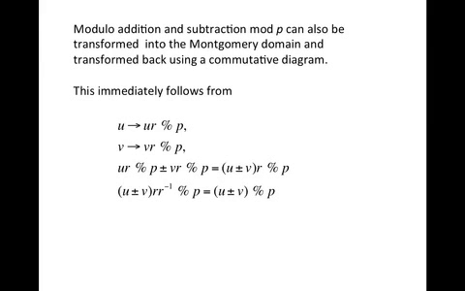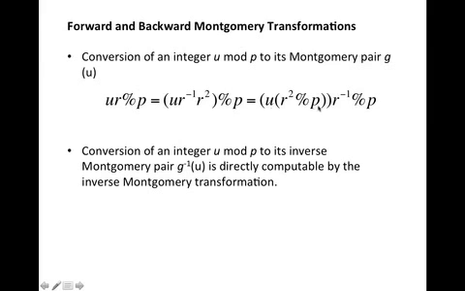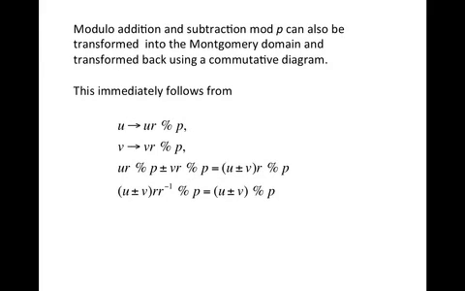So this particular slide is referring to the fact that addition and subtraction remain intact when you make the transformation, but you don't really have to do this because it will introduce these two multiplications in the process, which you didn't have to do if you just did a straightforward addition inside the original domain. So the short end of it is, addition and subtraction wise, the Montgomery algorithm doesn't pay at all, but for multiplication it does. It replaces one long division operation by two multiplication operations.